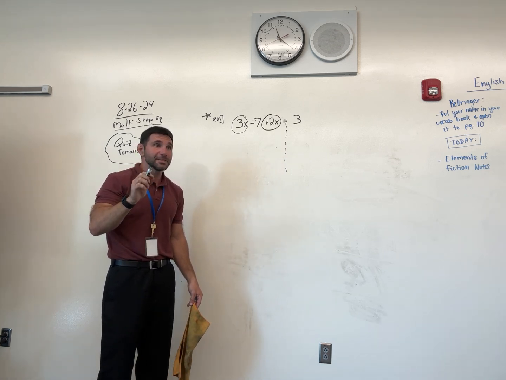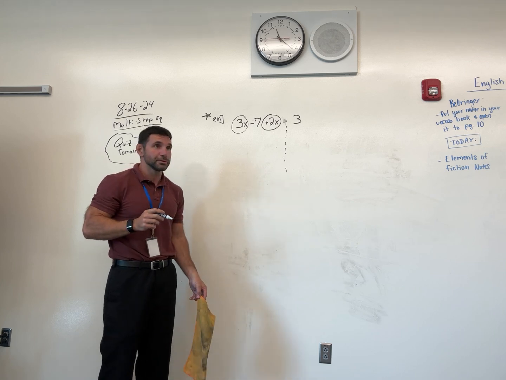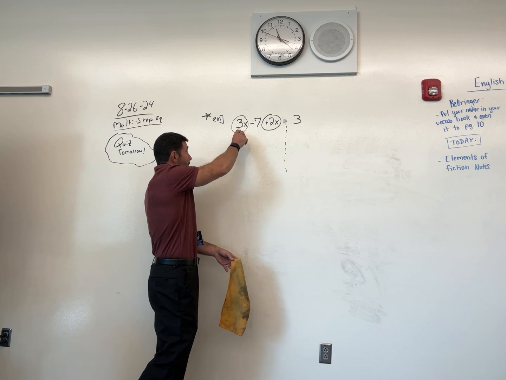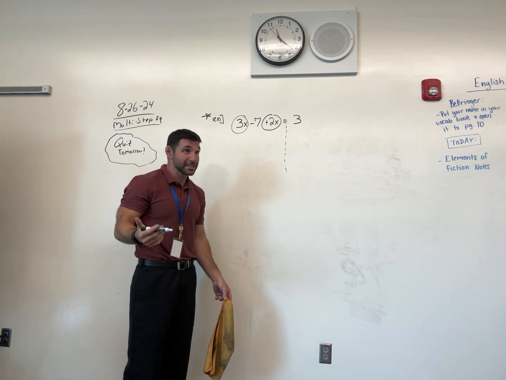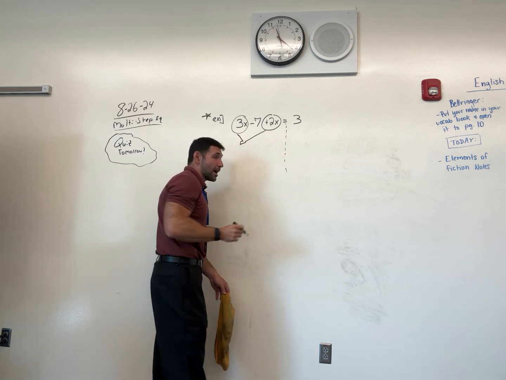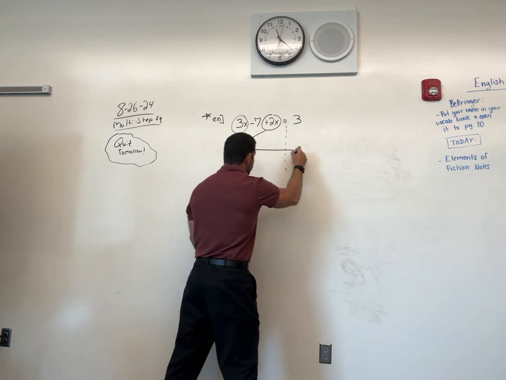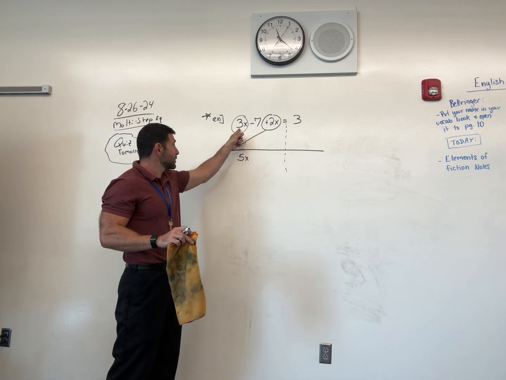When it's on the same side, we do what it says. What does it say in those circles? 3x plus 2x. Can we do 3 x's plus 2 x's? If there's 3 x's and 2 more x's, how many x's do I have? 5 x's. So if you're respectful to the numbers, you can circle them and say, oh, I have 3 x's plus 2 x's.